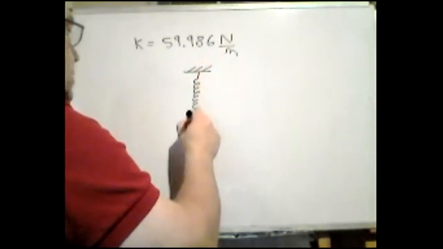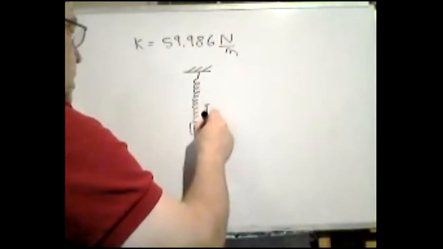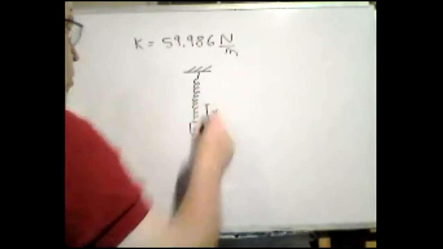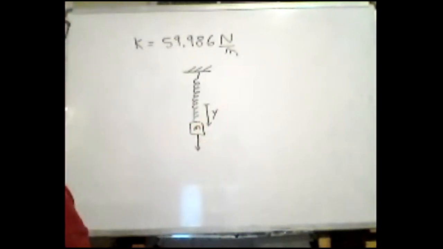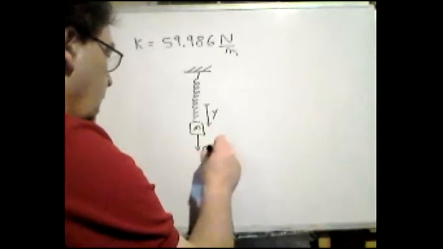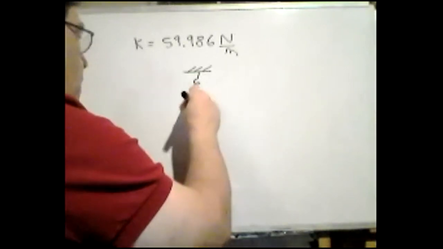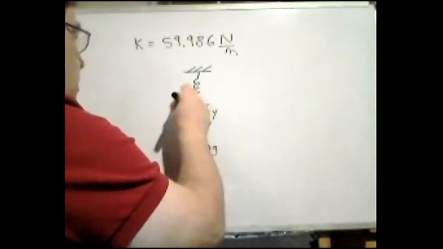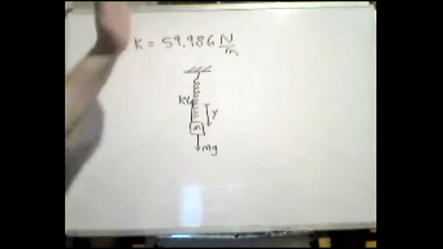I hang a mass, and I know it's displaced from equilibrium by some amount y. The mass feels its weight, mg, and of course Hooke's law opposes with a force on the spring that's going to go straight up.